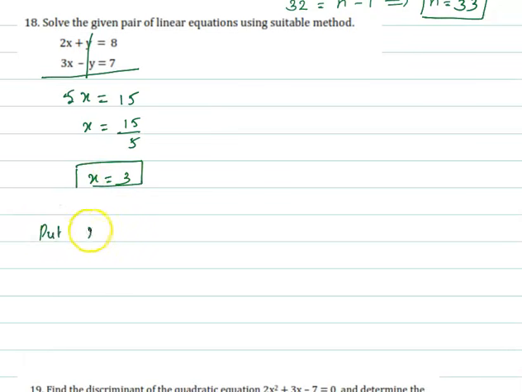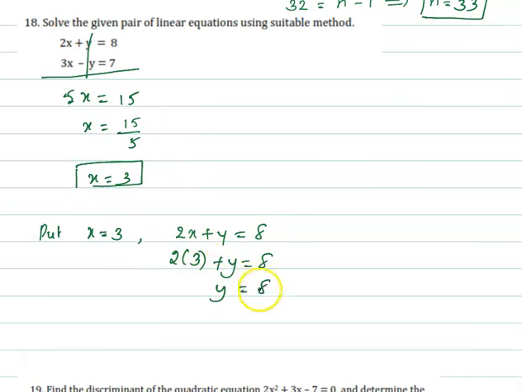Now if we put x is equal to 3 in 2x plus y is equal to 8, we get 2 into 3 plus y is equal to 8. y is equal to 8 minus 6, y is equal to 2. Therefore the solution x comma y is 3 comma 2. This is the required answer for question number 18.